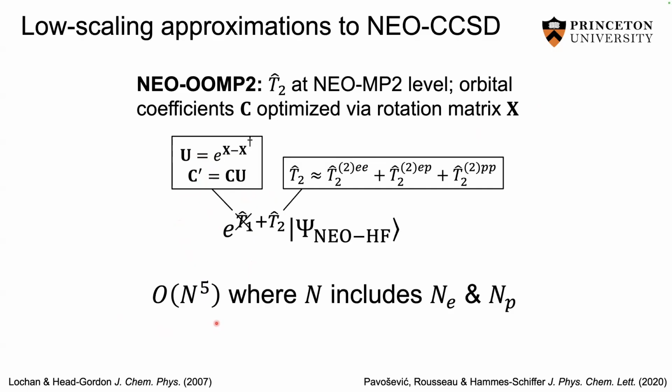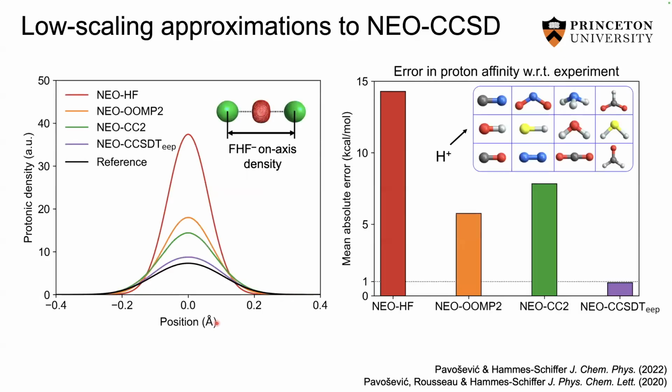How important is this orbital optimization, either from T1 amplitudes or from a direct variational minimization of the coefficient matrix? Well, if we look at these same benchmarks, first, if we look at the FHF minus density, the proton density, what we see is that it definitely helps you localize the proton density relative to the mean field answer.